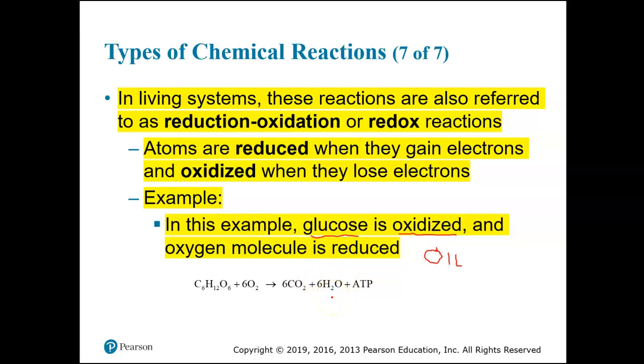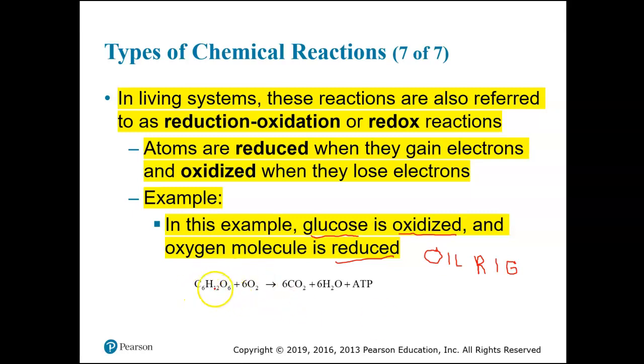So we say that the oxygen molecule is reduced because of RIG. Reduction is gain, okay? OIL, RIG. Oxidation is loss, reduction is gain, and that means loss of electrons that are found in hydrogen atoms.